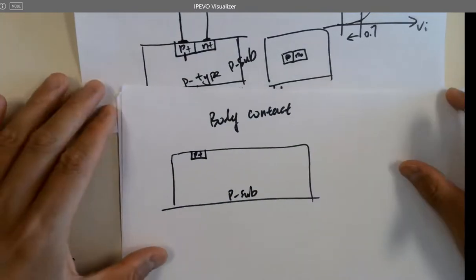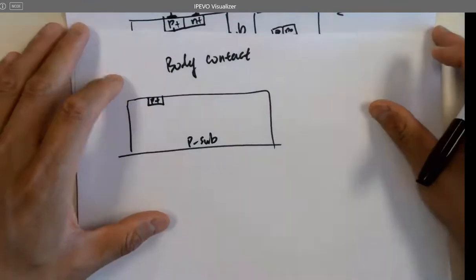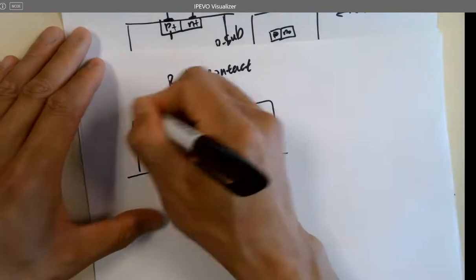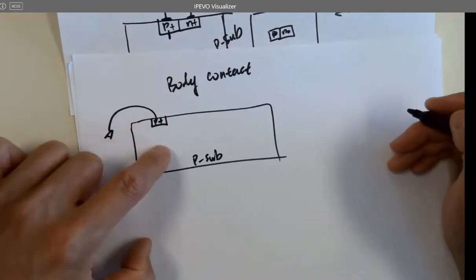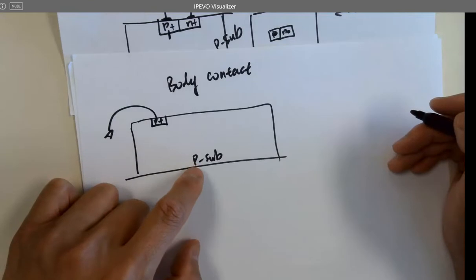So how do you ground P sub? How to ground the substrate? Ground here. If you ground this one, which is shorted to P sub, you ground the P sub, right? Does that make sense? Okay.